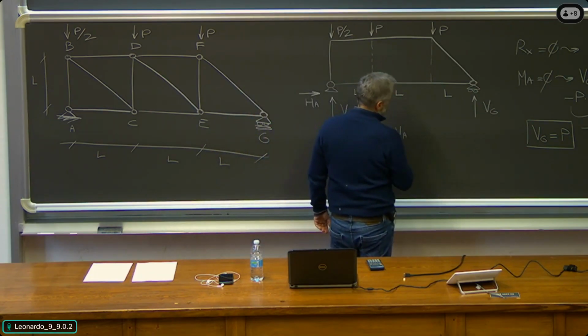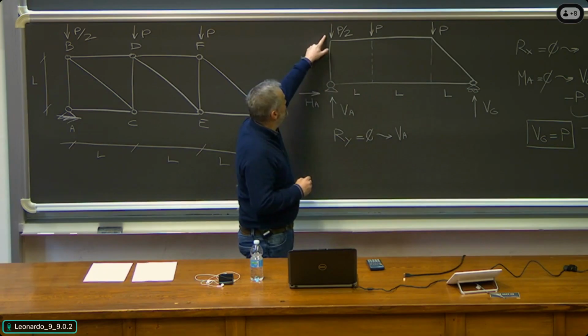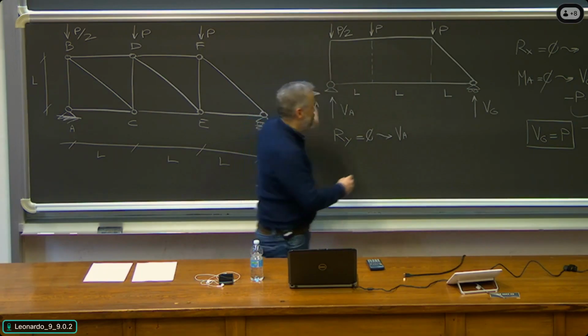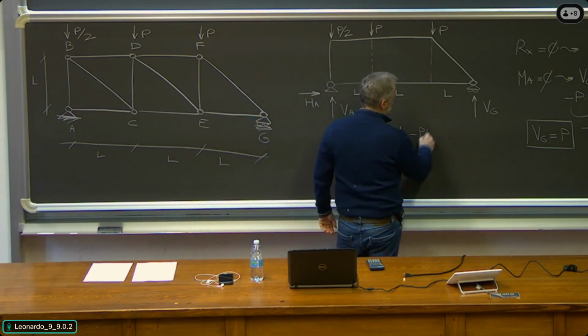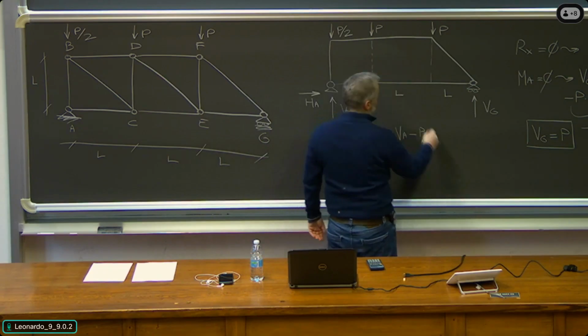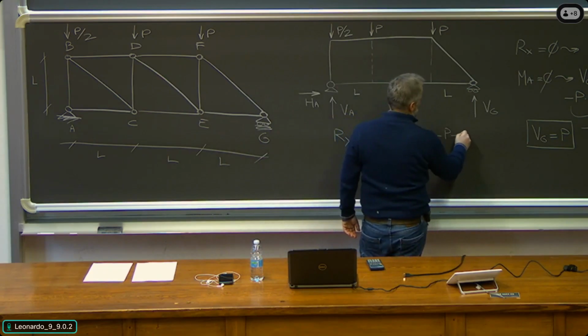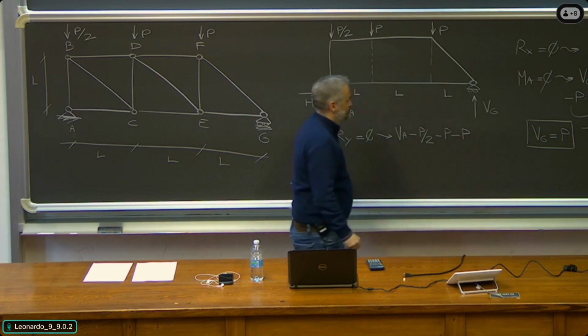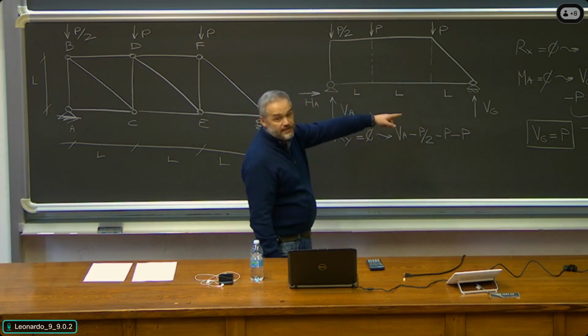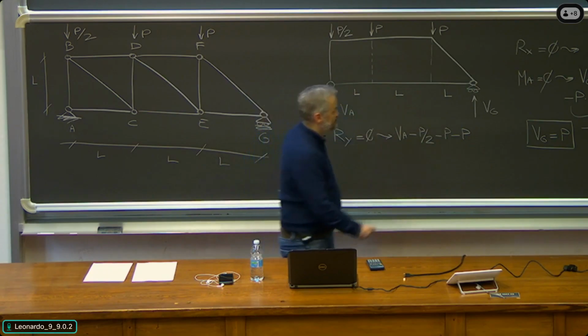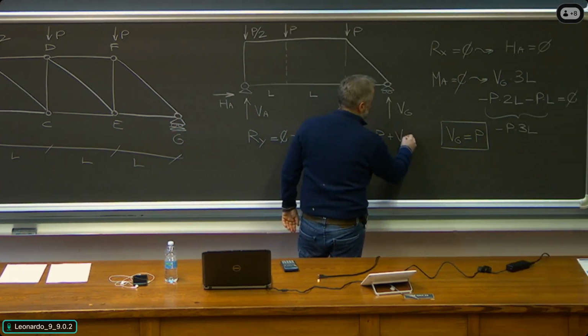VA minus P divided by 2, which is downwards, minus P downwards, minus P plus Vg, because it's upwards, equal to 0.